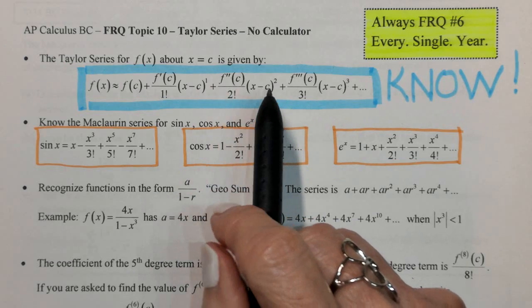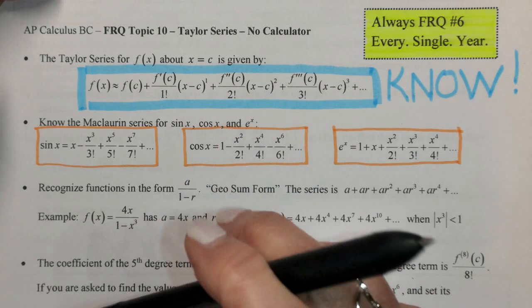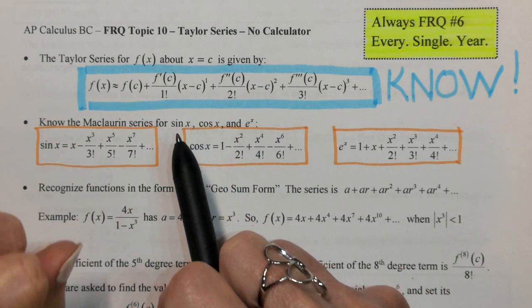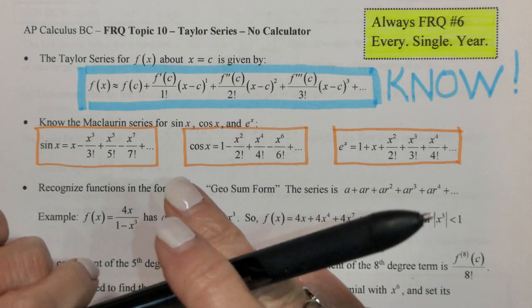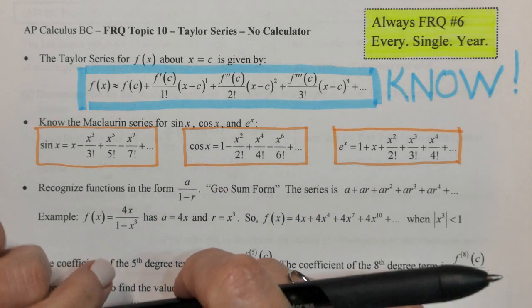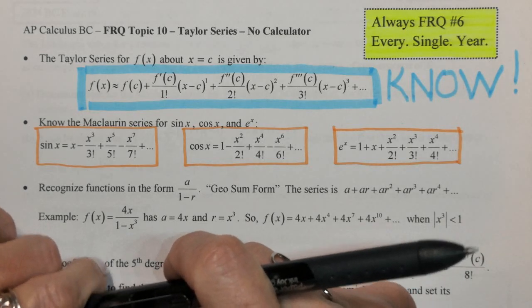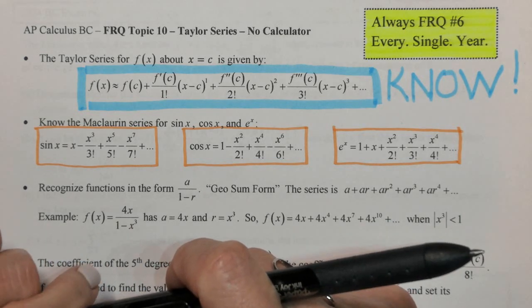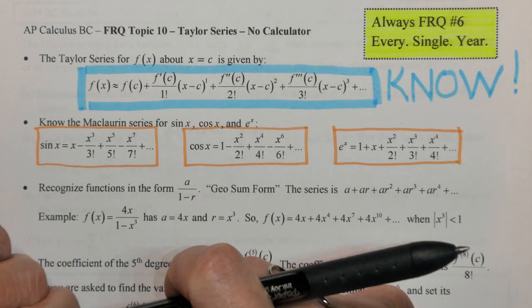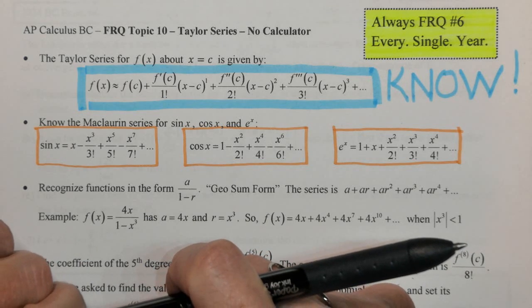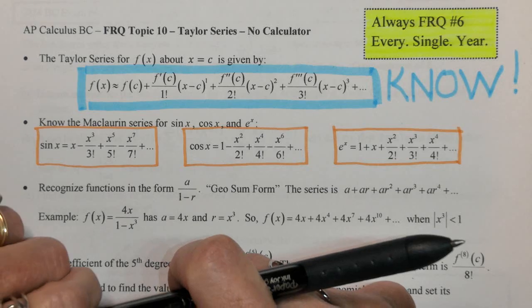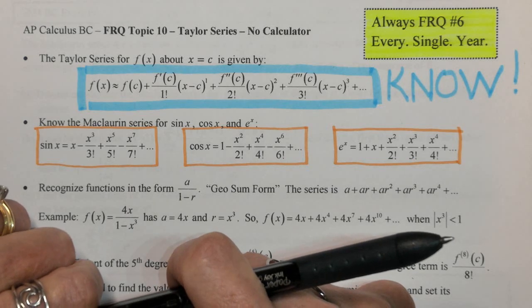I will never forget the year that students came back after the test. When the FRQs came out, they said, well, I was all prepared for a Taylor series, and it freaked me out because they gave me a Maclaurin series instead, and I just didn't know what to do with a Maclaurin series.